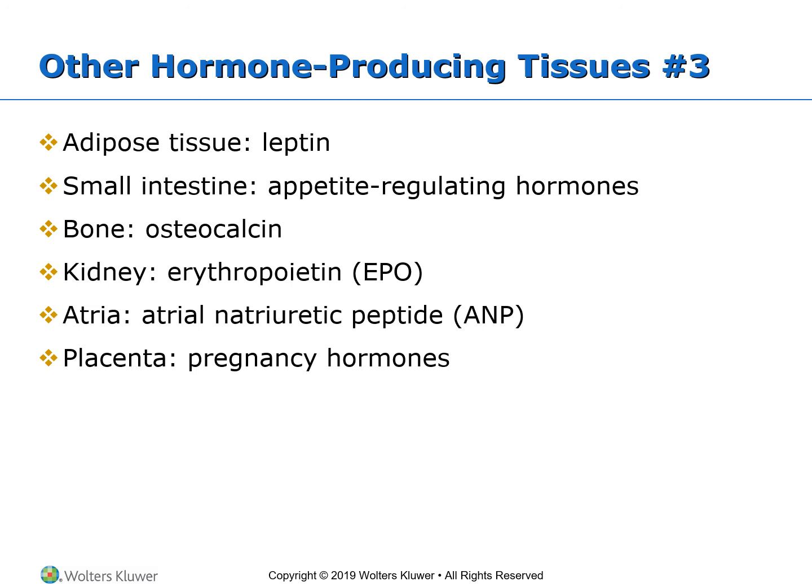And we know now that those patients that are obese or have high BMI, they have a very low level of leptin. And because of that, their appetite is increased. They're able to eat more and more and more. Also, some leptin-type or appetite-regulating hormones are also secreted at the level of the small intestine cells.